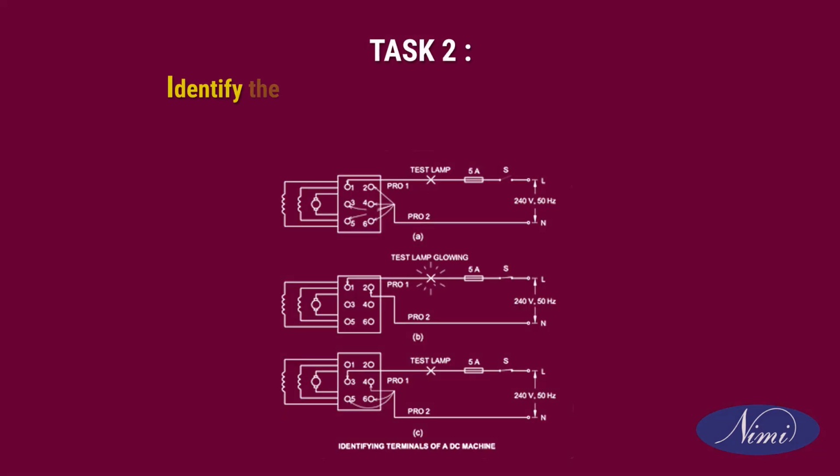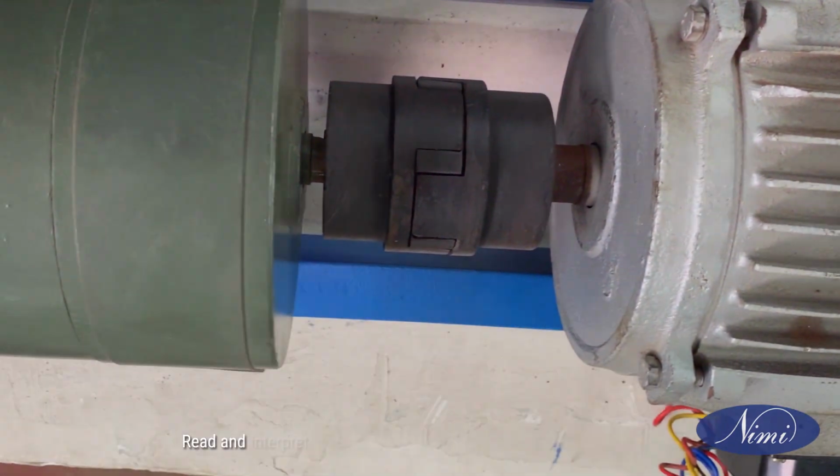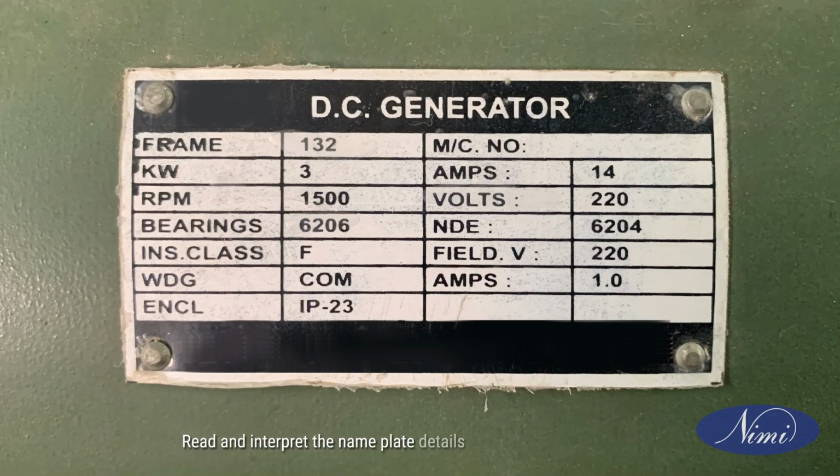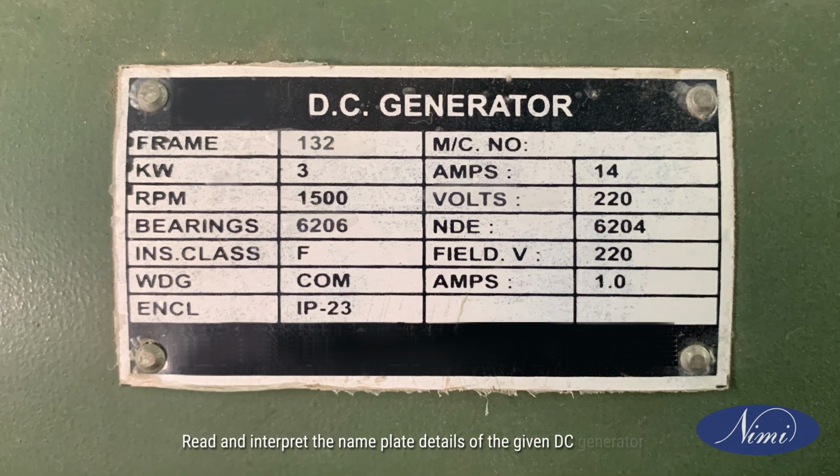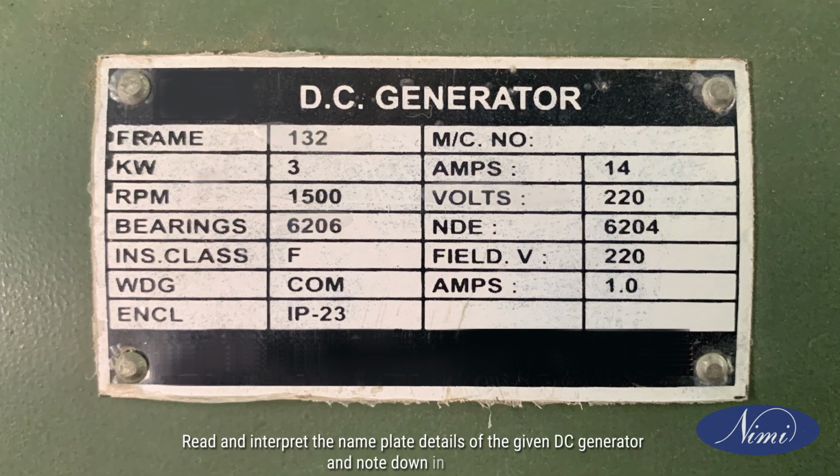Task 2. Identify the terminals of DC generator of the MG set. Read and interpret the nameplate details of the given DC generator and note down in Table 2.